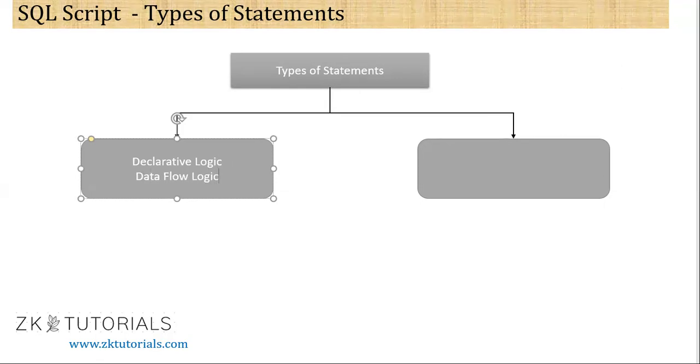The first type is declarative logic, and the second type is imperative logic. It's an important question, guys: types of statements, one is imperative, and another is declarative, where we declare the code.